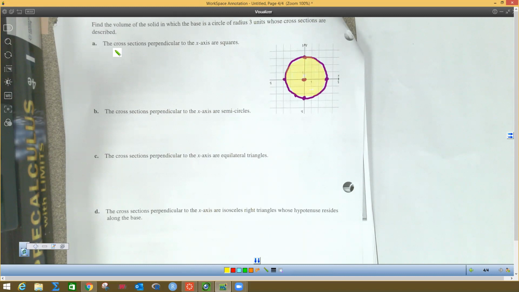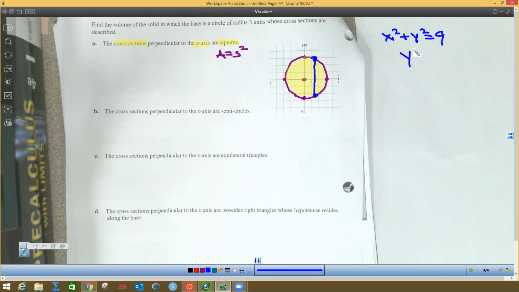Okay, so let's see. We want perpendicular to x still, and we want squares, and it's still cross section, so we are going to still use the formula because the area of a square is side squared. Now this was a little tricky because the side is still from this top half of the circle down to the bottom half of the circle. So the way you get this formula, if you remember, this circle's formula would be x squared plus y squared equals 9.